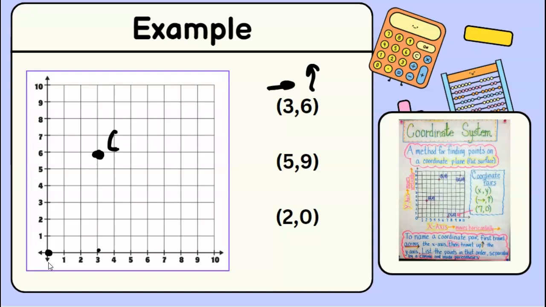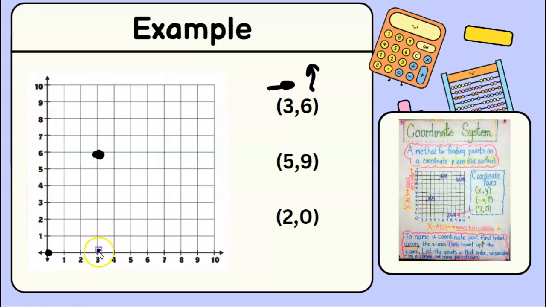When I am reading my coordinate plane, I can look over at the numbers on the x-axis and y-axis and see the value of that ordered pair. So let's look at the next one. My next ordered pair is 5, 9. So I'm going to go over 5 and up 9, where that lands.